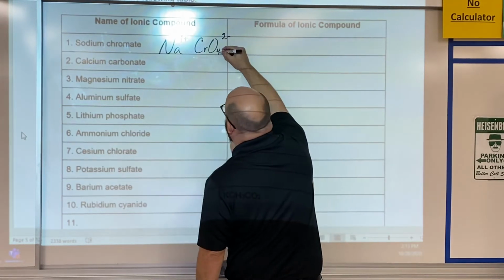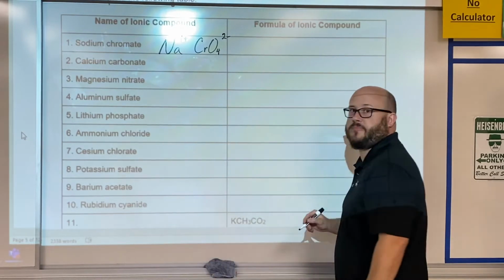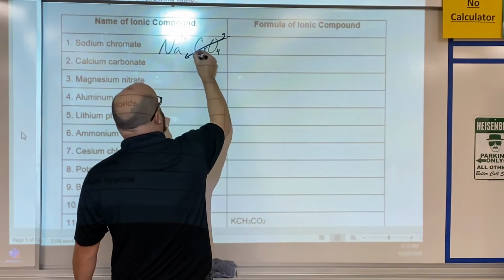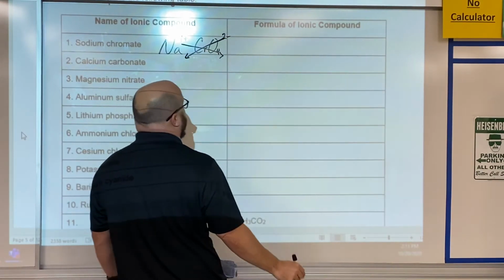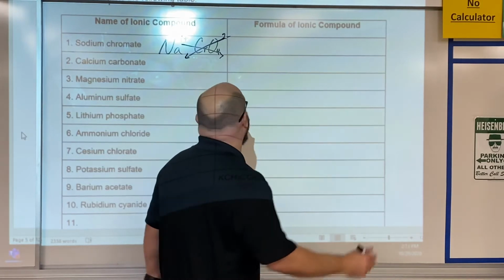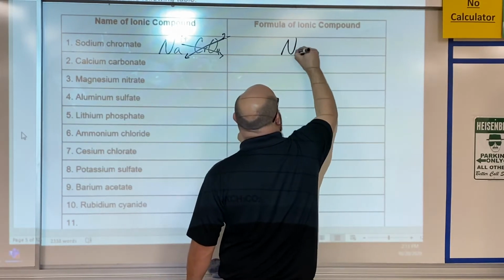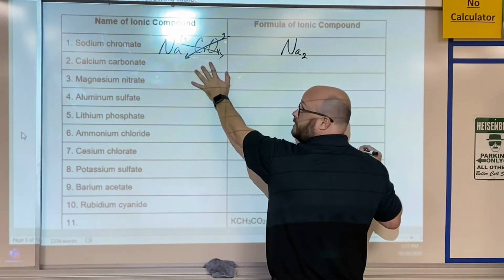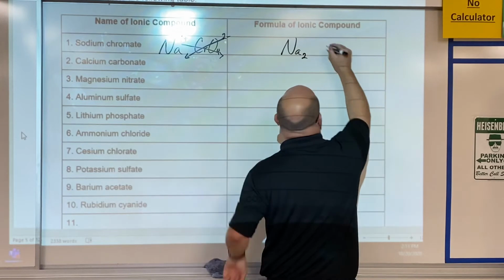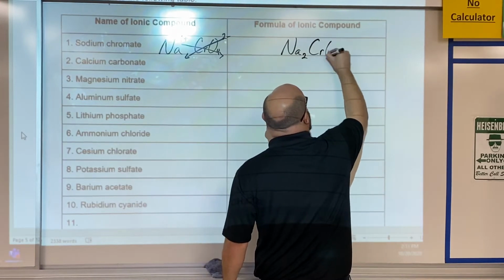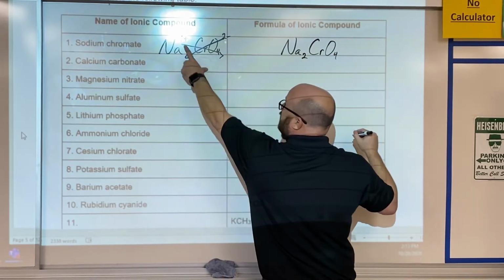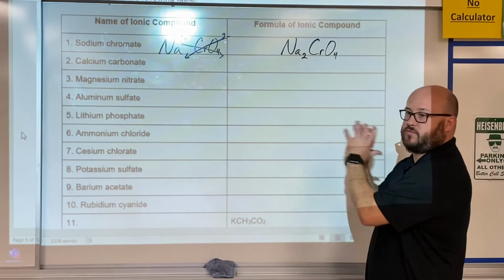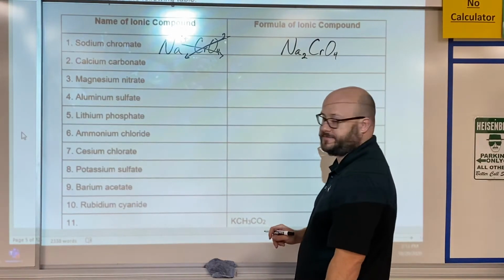CrO4 has a charge of 2-. Now, you do the same thing, crisscross applesauce. That goes to there, that goes to there, and then rewrite your formula. So Na2, CrO4, remember that's one thing, CrO4, 1. So we're good. You just write CrO4, that's 1 unit, that's 1 polyatomic ion.